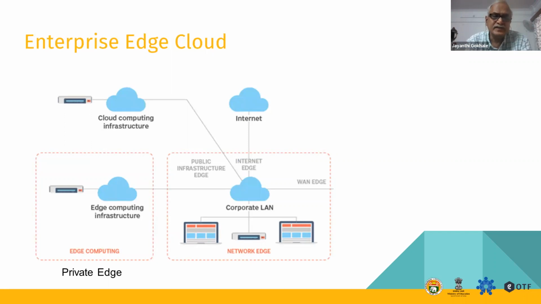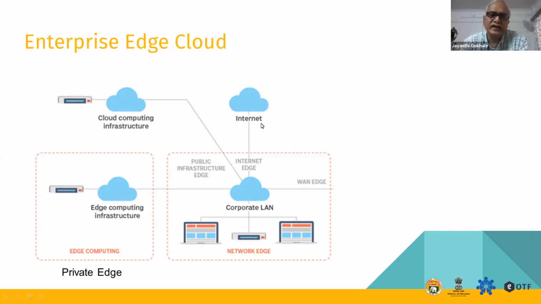This is a very simple scenario wherein we talk about putting up a private edge. Remember the same picture which I had shown you earlier on. Here we have the local corporate network, and this local network is loosely called the public infrastructure edge, which allows you to access the so-called public infrastructure on maybe AWS or Azure.